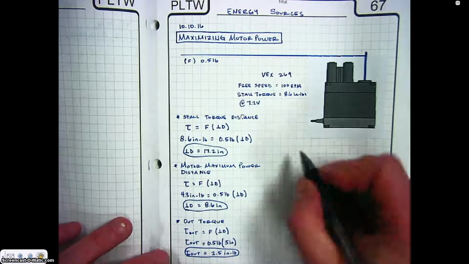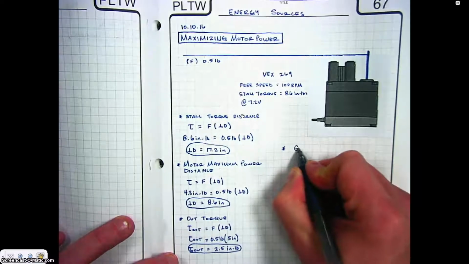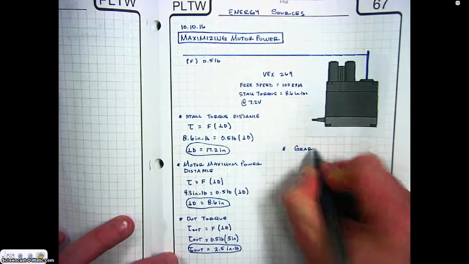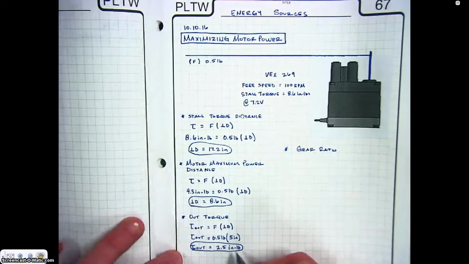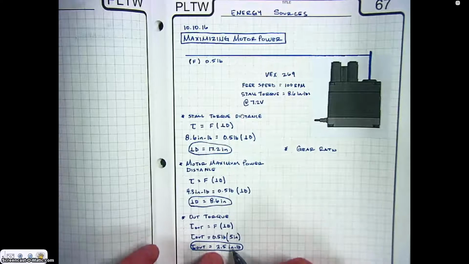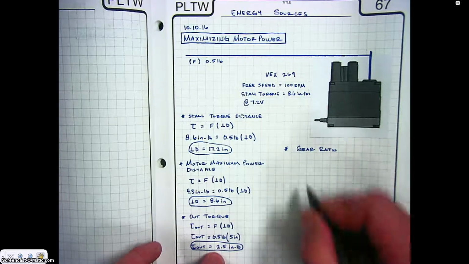And so up here, I'm going to go ahead and figure out what the gear ratio is going to be that we want to include in our system so that we can get the maximum power out of our motor at 5 inches.